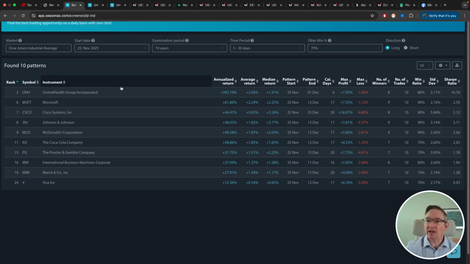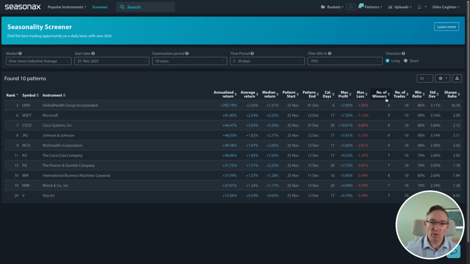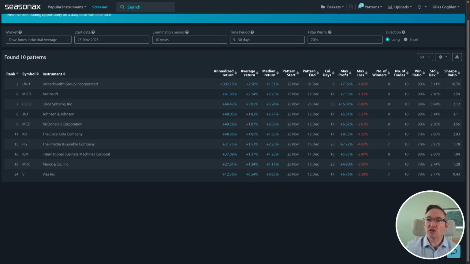So putting it all together, the strongest seasonal setups are ones where you've got everything aligning. High win rate, strong average return, low standard deviation, high Sharpe ratio, that clear historical stability. They're the kind of features that Seasonax allows you to explore. And the Seasonax Screener is one of the fastest ways to uncover reliable, data-driven trading opportunities in seconds.